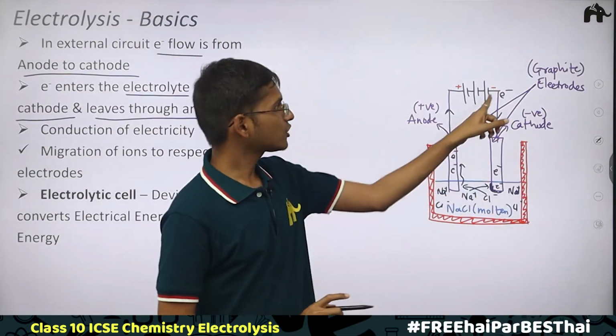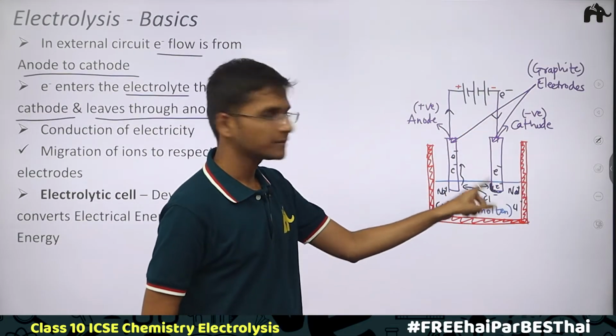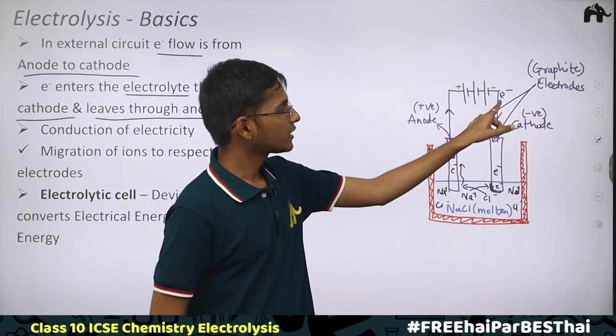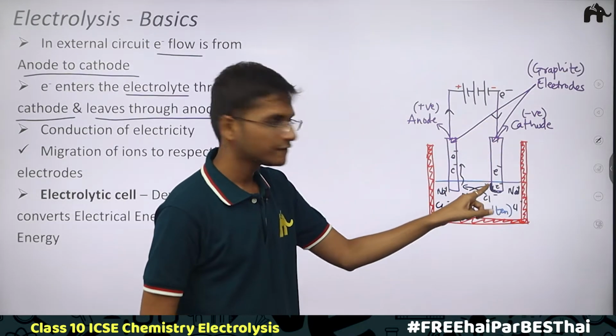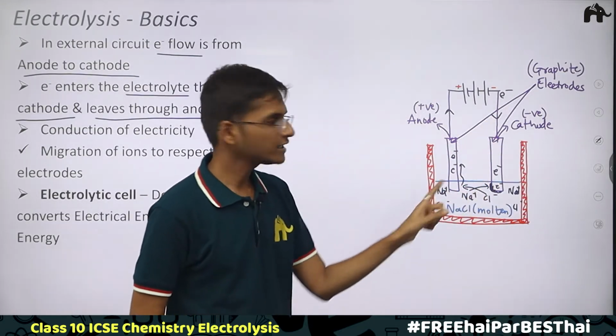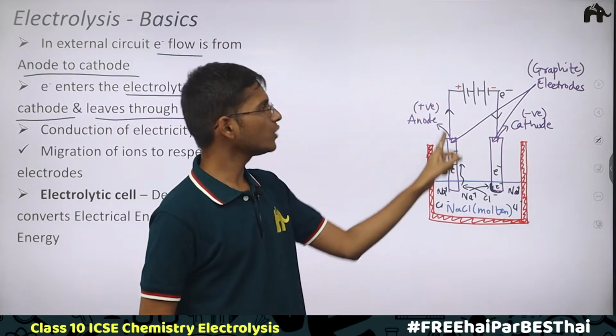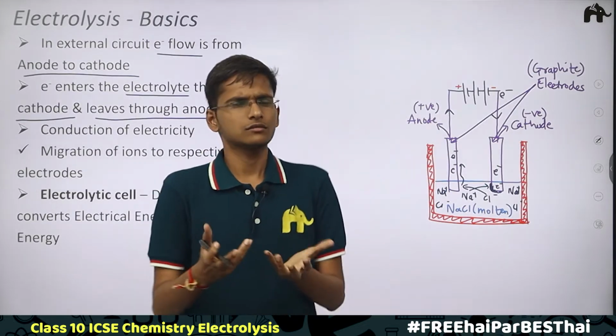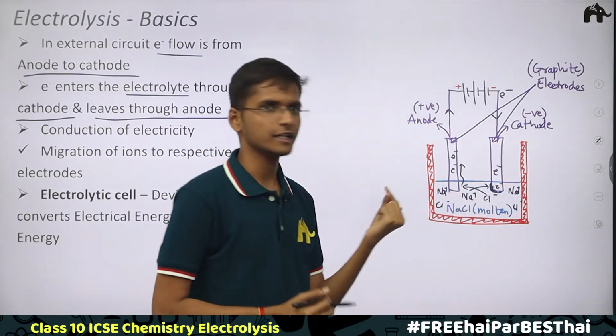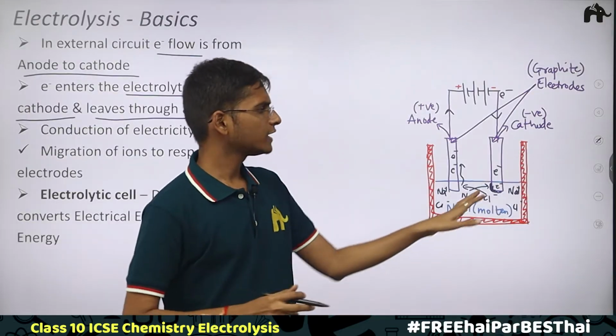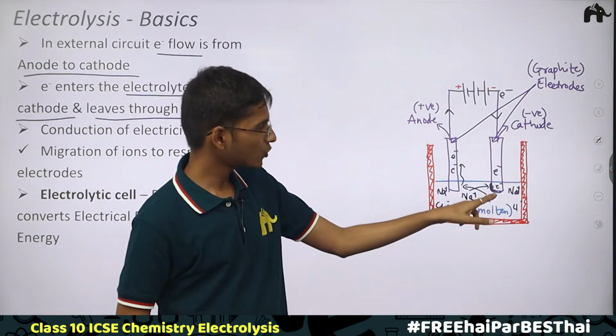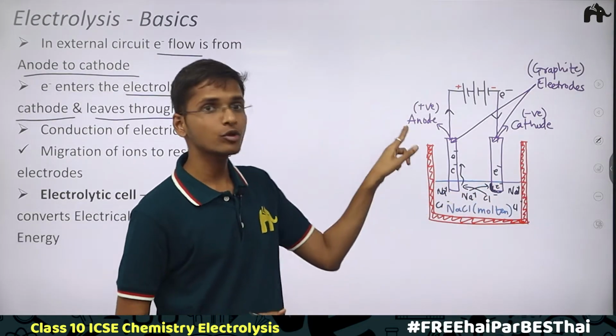See here, electron is entering the electrolyte. From the negative terminal, electron is moving and coming to the cathode, and from the cathode it is entering the electrolyte and leaving the electrolyte through the anode. But you would say, sir, I cannot see electron flowing through this electrolyte. So how are you saying that electron is entering the electrolyte through cathode and leaving through anode?